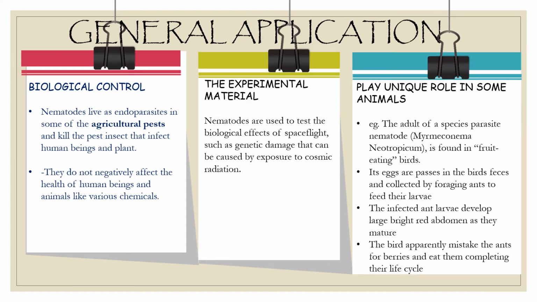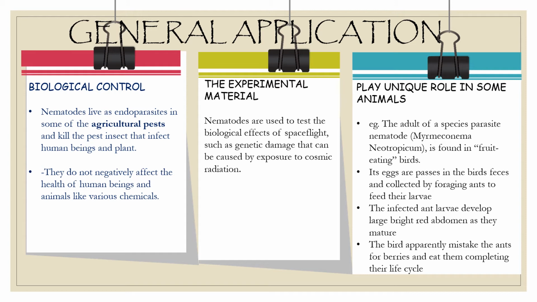Okay, next we move to the general applications. We have 3 applications. The first one is biological control. The nematodes live as endoparasites in some agricultural pests and kill the pest insects that infect human beings and plants.